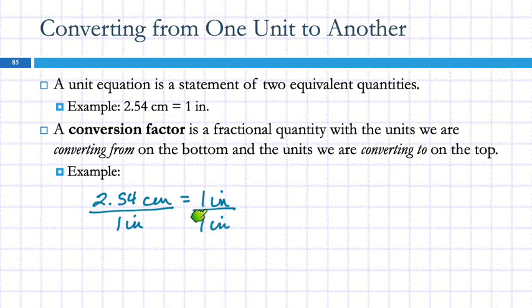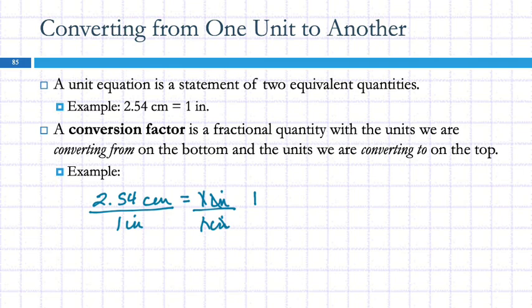What is 1 inch divided by 1 inch? It cancels out. It's just 1, right? Those cancel, this is equal to 1. So that means that 2.54 centimeters per inch is numerically equal to 1.